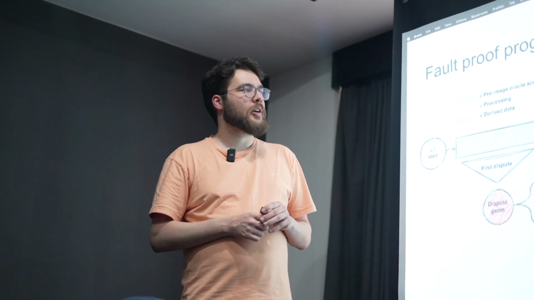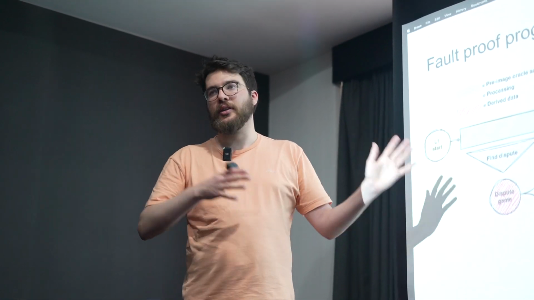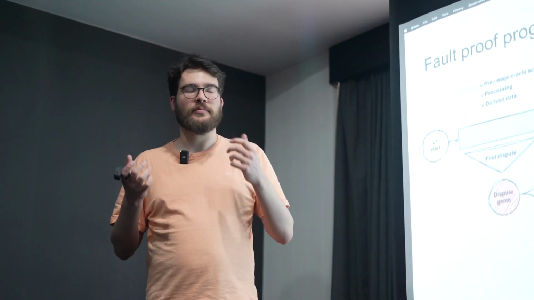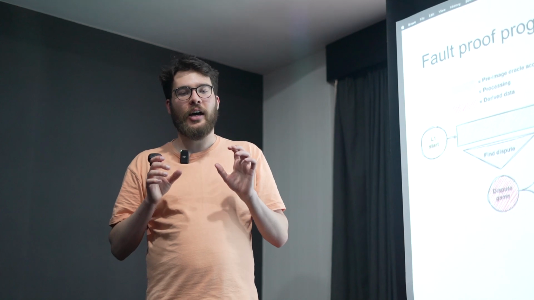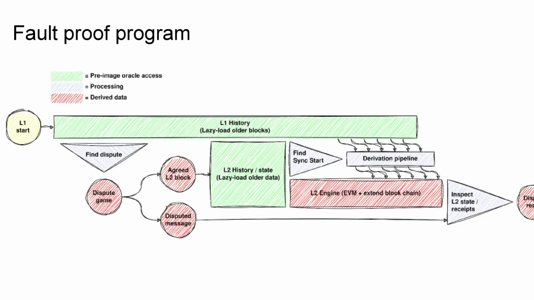And so when we instantiate, we start with a layer 1 block, which is after the dispute has been completed, or after the claim has been made of the pre-state. And then there's the question whether or not we use the block hash bisection game to narrow down what we're trying to prove.